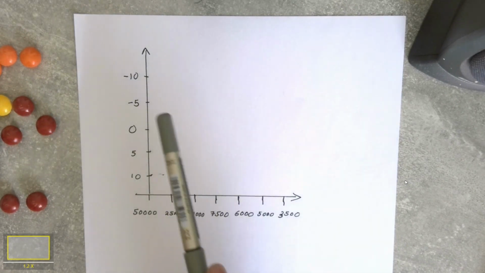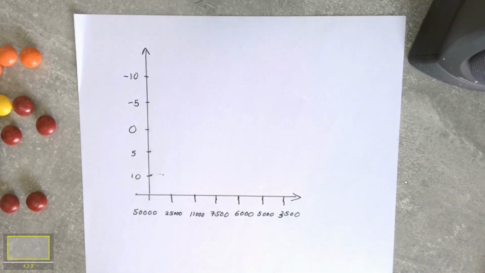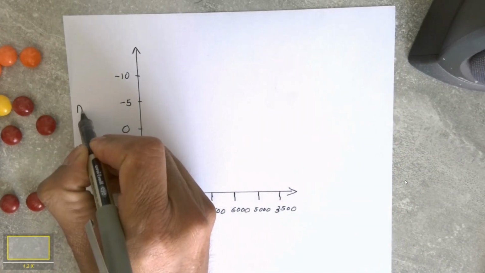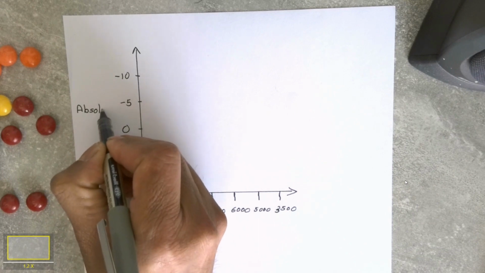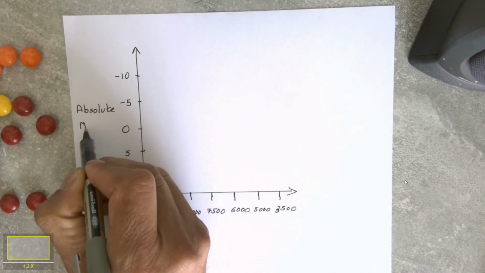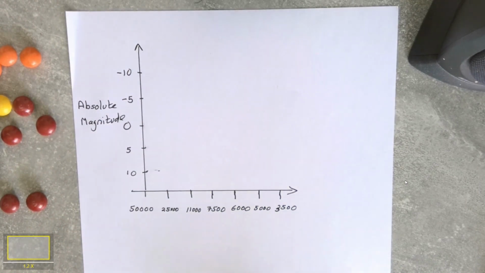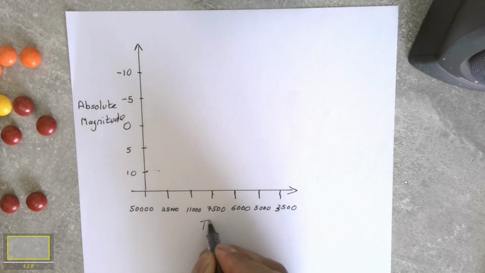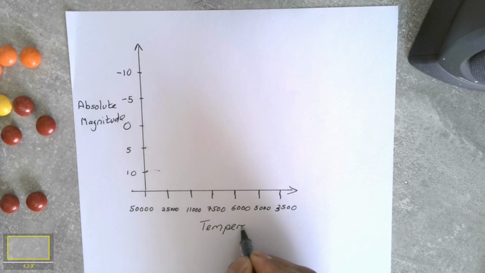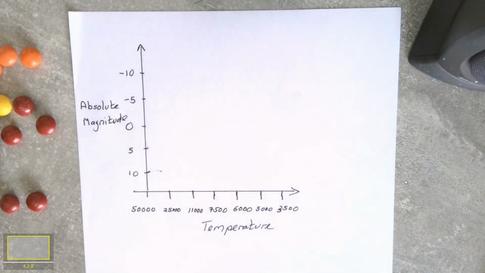So I've drawn a graph here, and on the y-axis is the absolute magnitude, and on the x-axis is the temperature. So when we've looked at lots of stars, we might find that they have a very high temperature, and therefore they would be very bright.